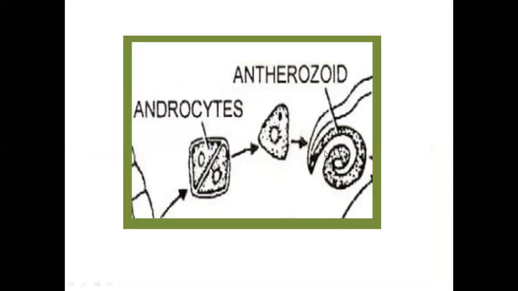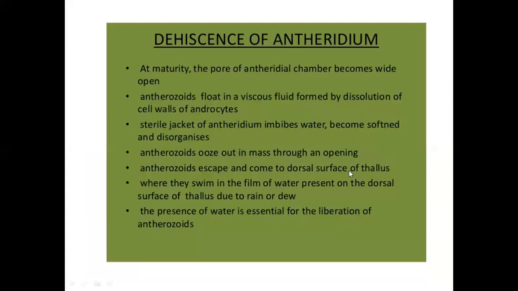These are the biflagellate antherozoids. This is the substructure of an androcyte. In a single antheridium, there is a pair of androcytes. These are liberated, and these are the antherozoids.